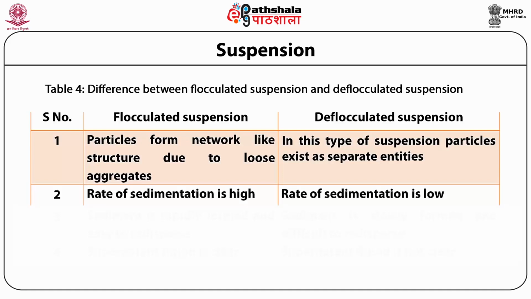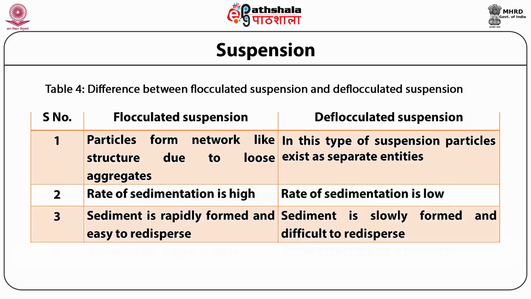The rate of sedimentation is high in the case of flocculated suspension, whereas it is low in the case of deflocculated suspension. Sediment is rapidly formed and it is easy to redisperse in the case of a flocculated suspension, whereas the sediment is slowly formed and it is very difficult to redisperse in the case of a deflocculated suspension.